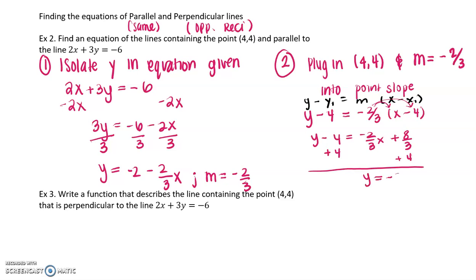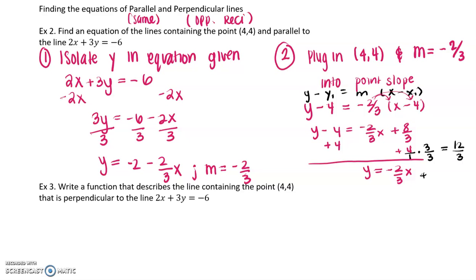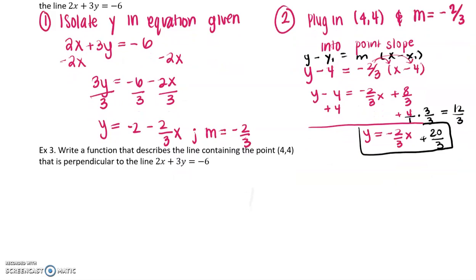So you get -(2/3)x, and then here we're going to get common denominators. So this is like 4 over 1, so I can multiply it by 3 over 3, and I get 12 over 3, and then I'm going to add 8 and 12. So you get 20 over 3.